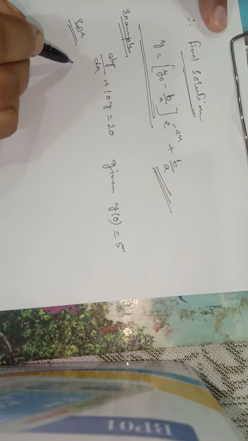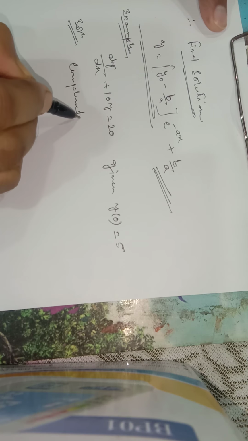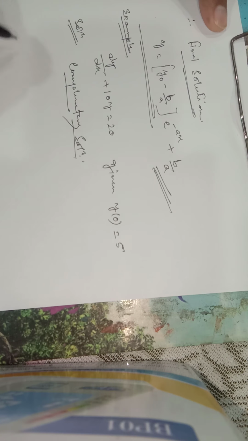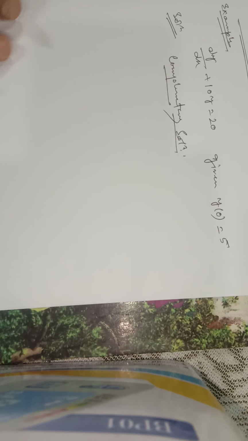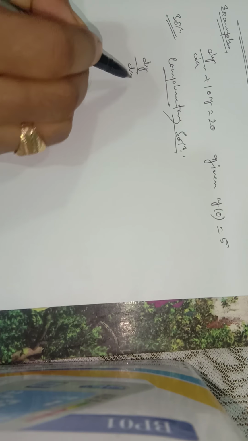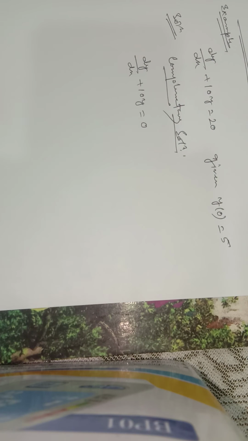So let us have the complementary solution first. For the complementary solution, we convert the non-homogeneous case into a homogeneous case. So here we take dy by dx plus 10y is equal to 0. Then it becomes a homogeneous case.